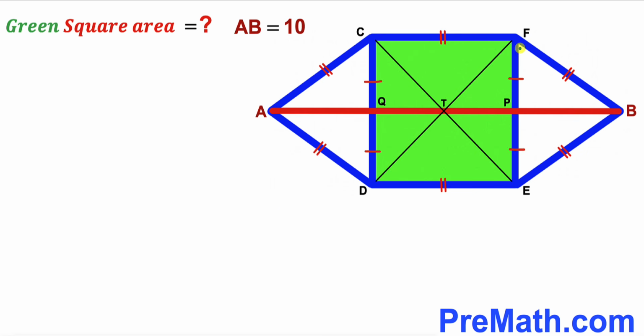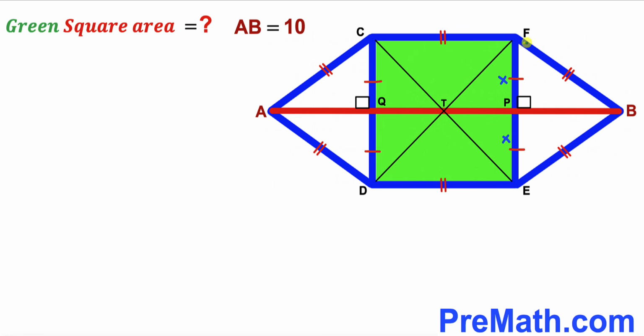Therefore we conclude that segment FP is equal to segment EP, and likewise these angles are going to be 90 degrees each. Now if I label the segment FP length as x, then segment EP length is going to be x as well.